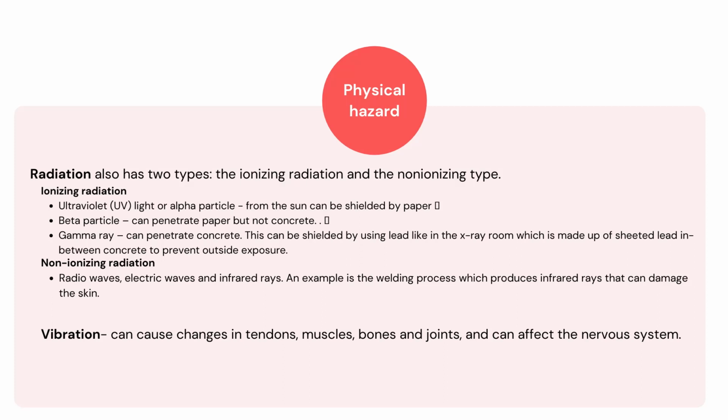This can be shielded by using lead, like in the X-ray room which is made up of sheeted lead in between concrete to prevent outside exposure. Next is the non-ionizing radiation: the radio waves, electric waves, and infrared rays. Next type is the vibration. Vibration can cause changes in tendons, muscles, bones, and joints and can affect the nervous system.